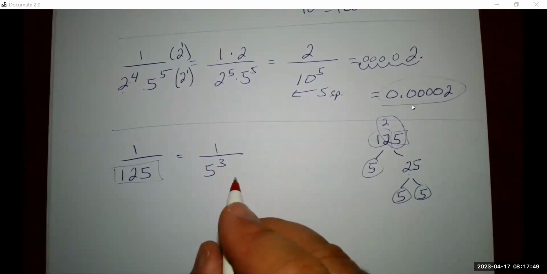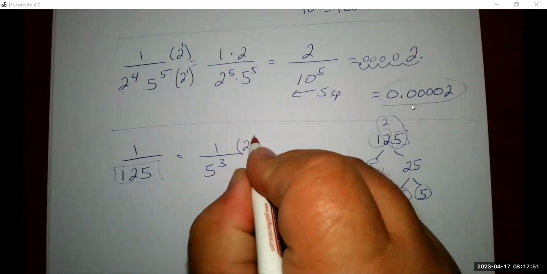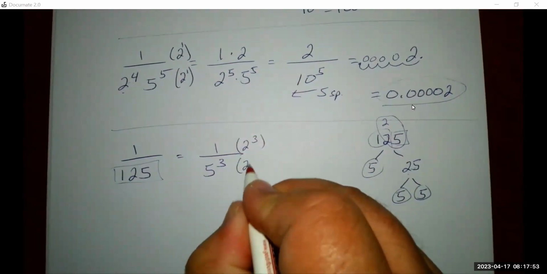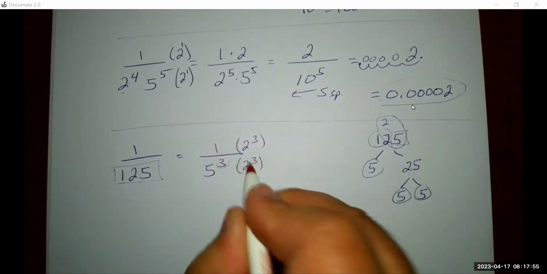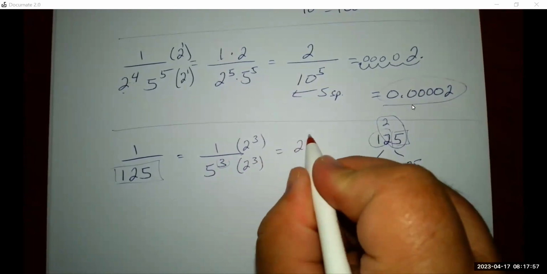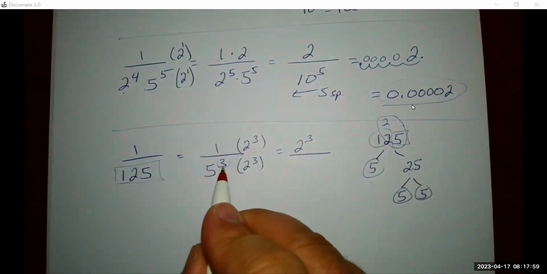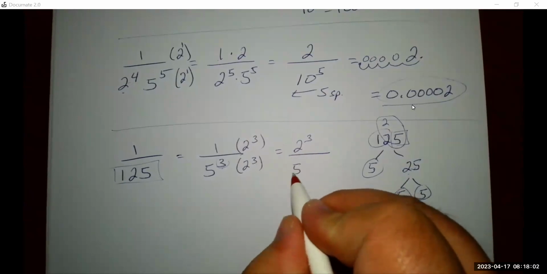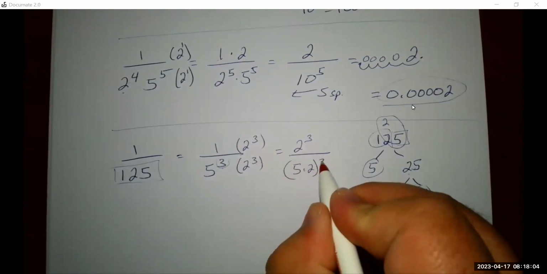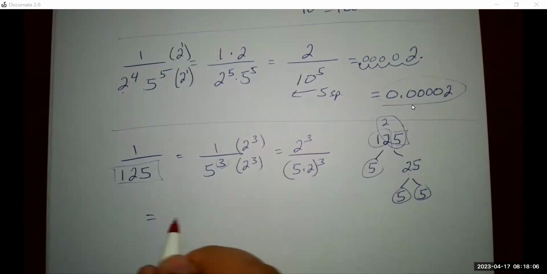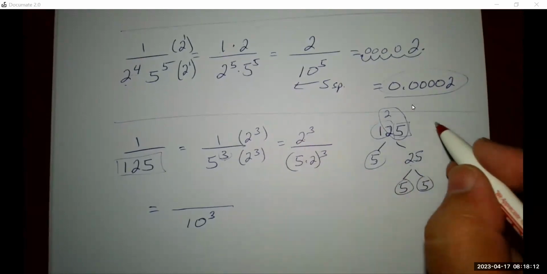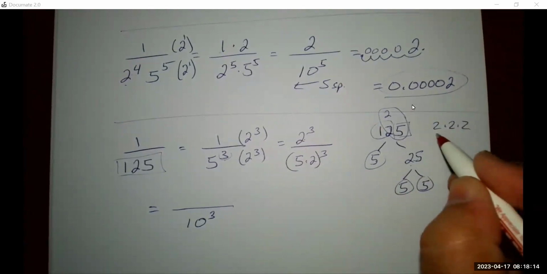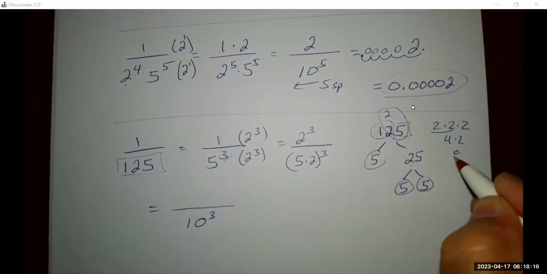So we're missing 2s. How many 2s do we need? Since there are 3 5s, we need 3 2s. 3 5s, 3 2s. So we have 5 times 2 to the third, which is 10 to the third. 2 to the third, 2 times 2 times 2. 4 times 2 is 8.